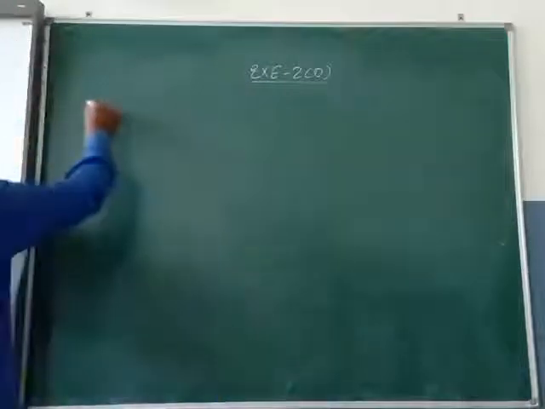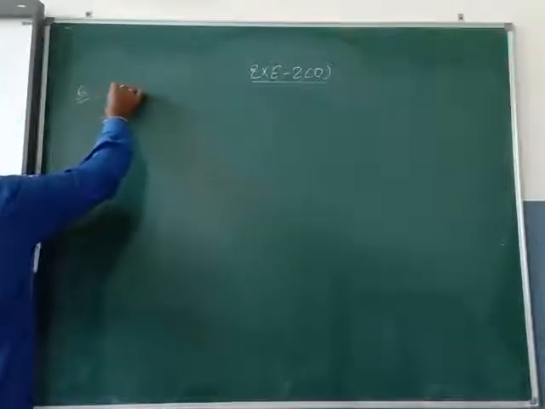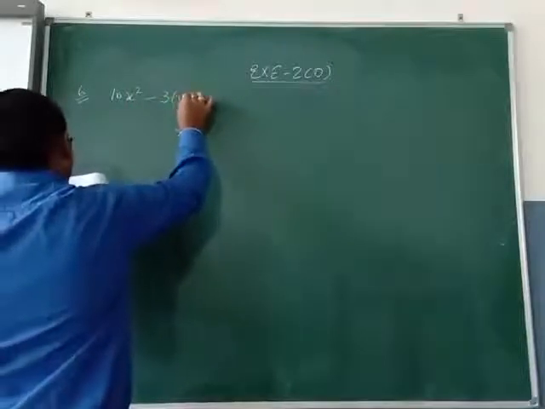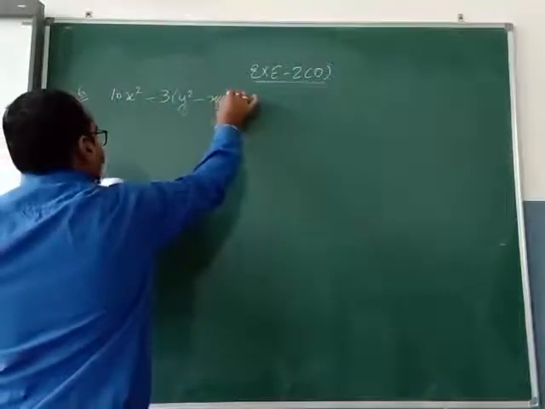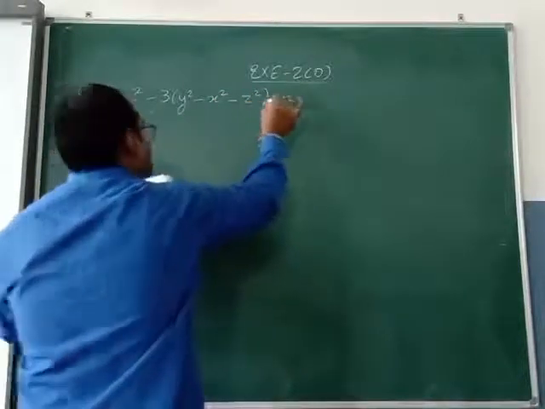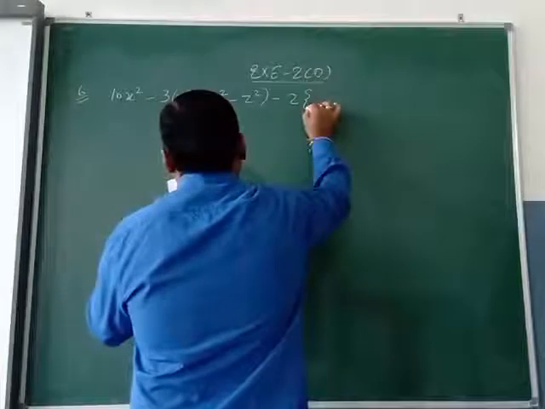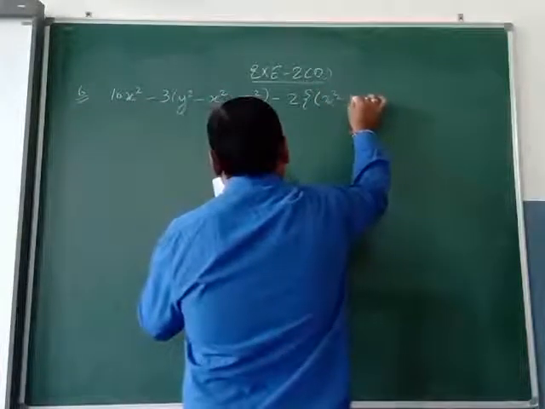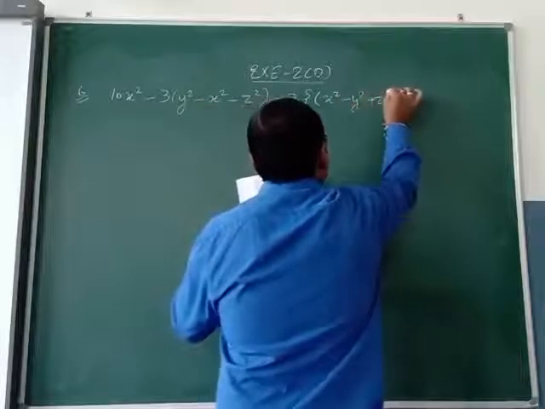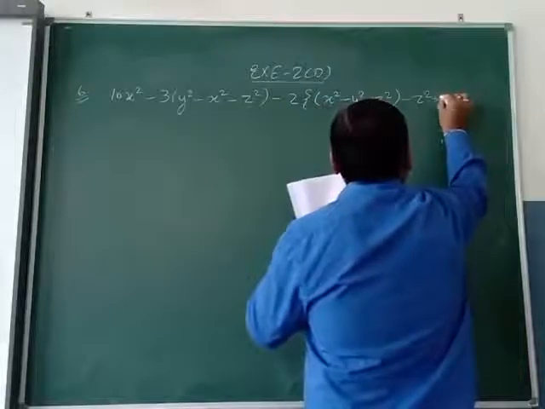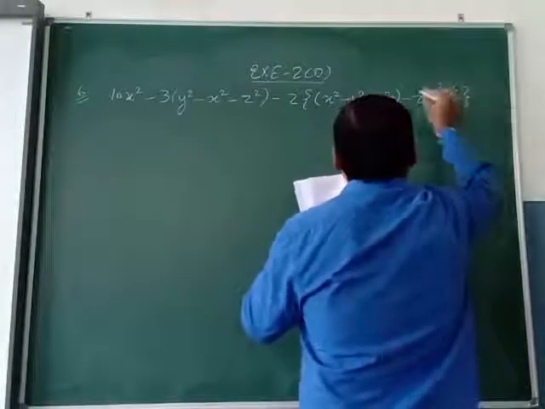Sixth question. 10x square minus 3 bracket y square minus x square minus z square bracket close minus 2 curly bracket small bracket x square minus y square plus z square minus z square plus y square curly bracket close.